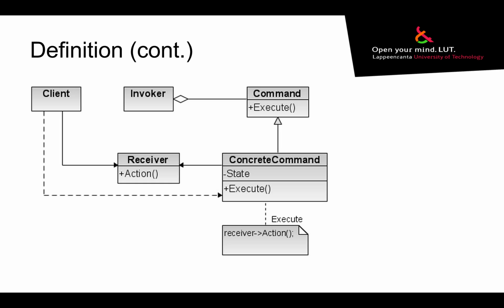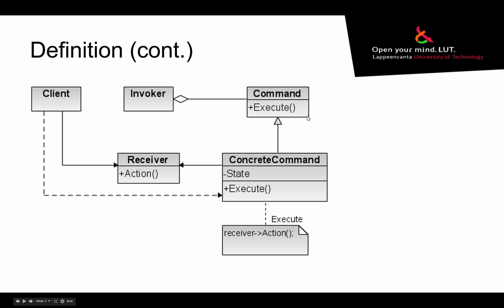So here's the UML. First up, we have our client here that is using a receiver that is commanded by the invoker. The command is usually an interface that contains one method called execute.